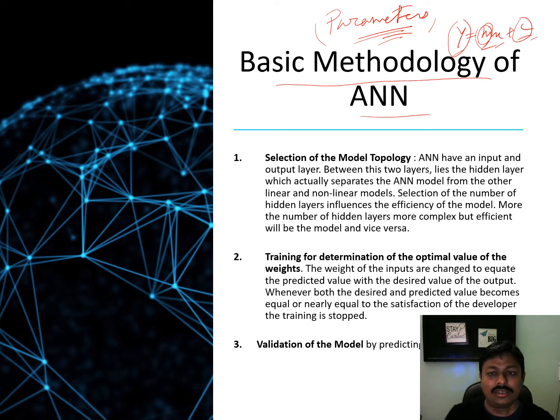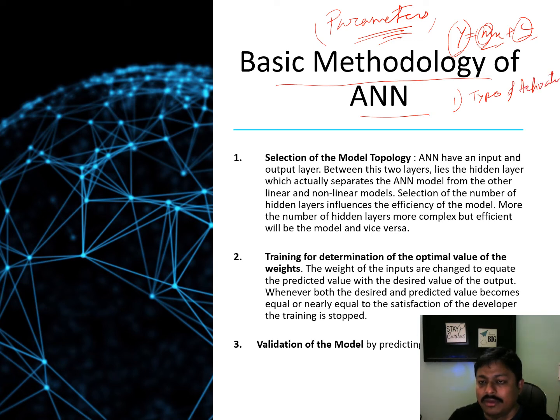Now, in the case of ANN also, there are some parameters that we must estimate before we can develop a model with the help of these techniques. What are these parameters? First parameter is the type of activation function.